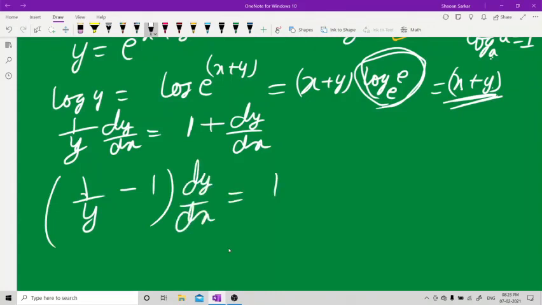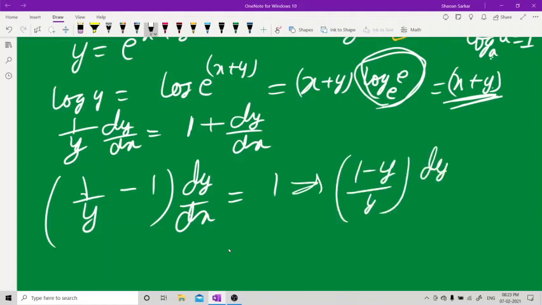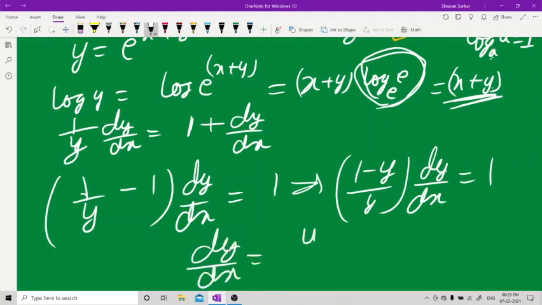Take LCM: 1 minus y upon y dy by dx is equal to 1. Cross multiply. So dy by dx is equal to y upon 1 minus y, and this is the answer.